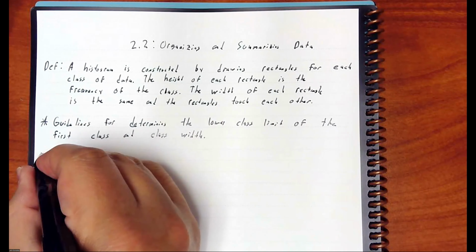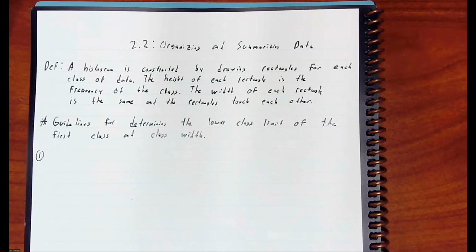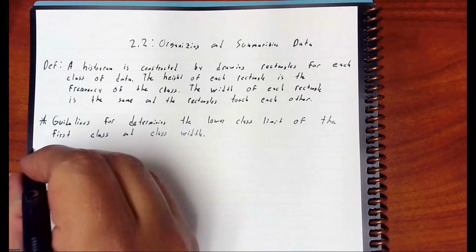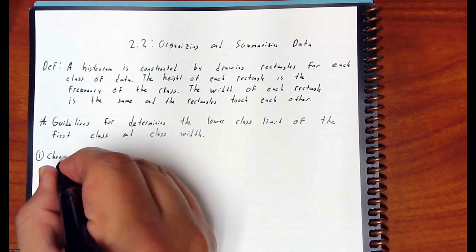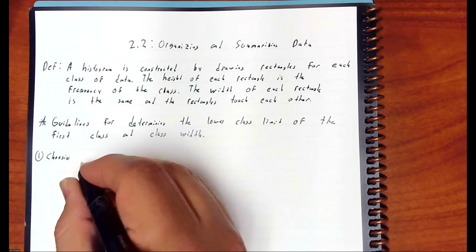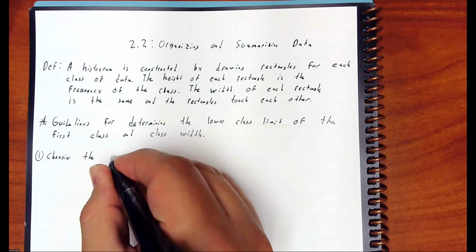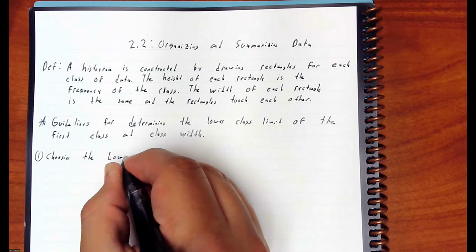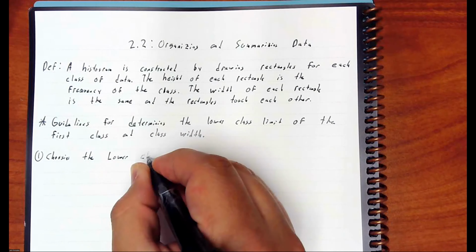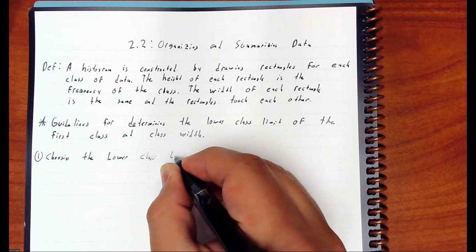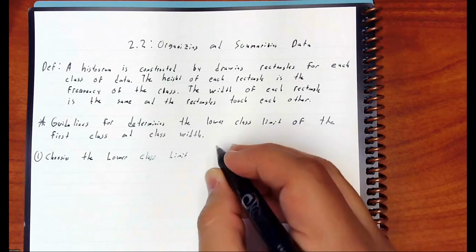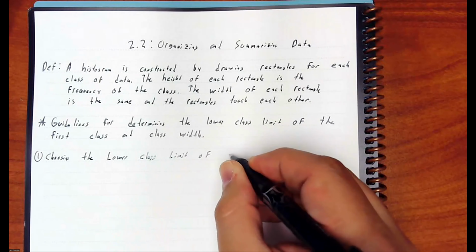Okay, so first one, choosing the lower class limit of the first class.